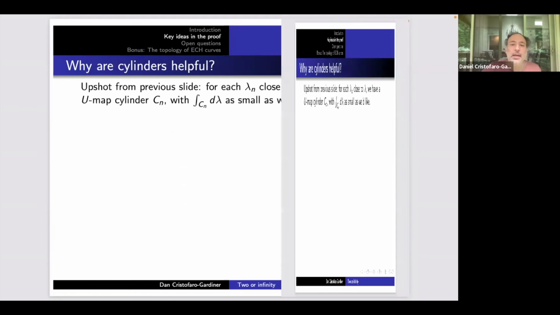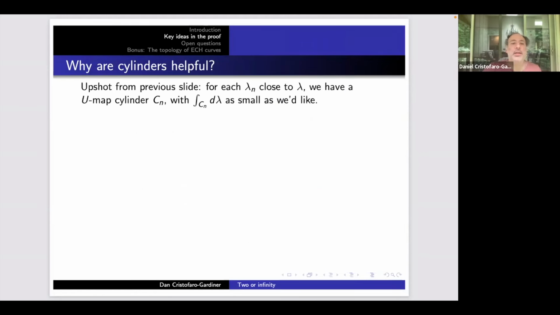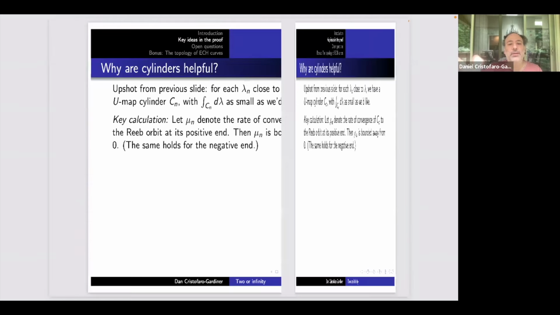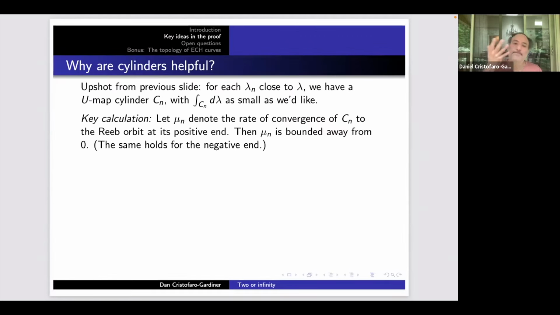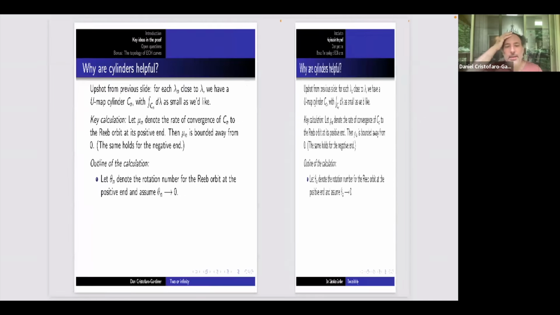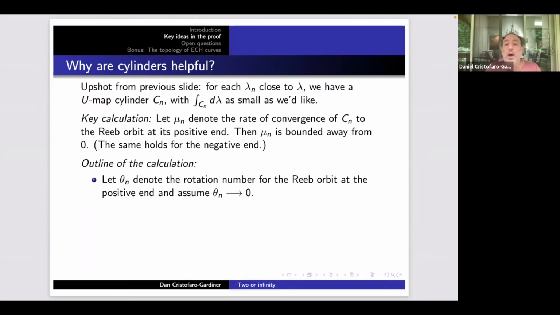And then it turns out that this exponential convergence issue takes care of itself once you have the cylinders. So, I'll stop pretty much here. But so you have this rate of convergence, you have to bound it away from 0. But the point is that it is known how this rate of convergence actually works. And it's related to the rotation number.